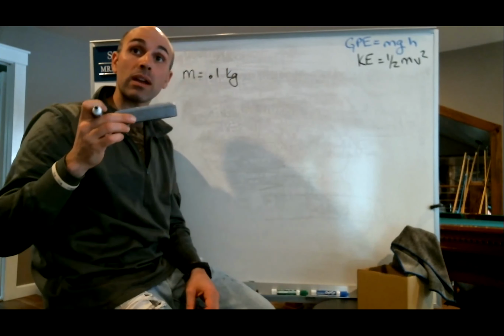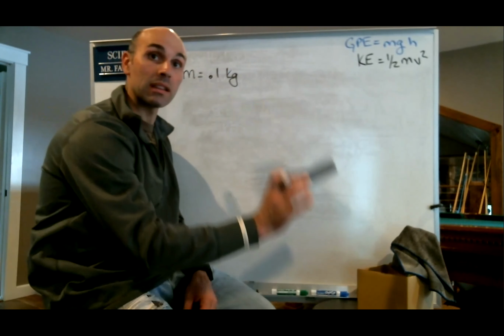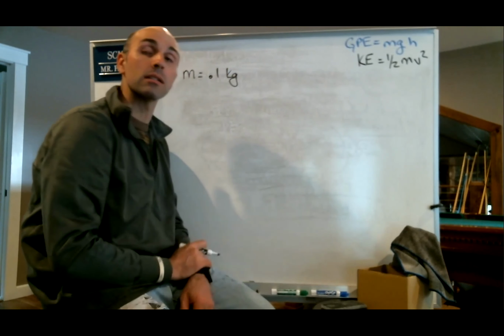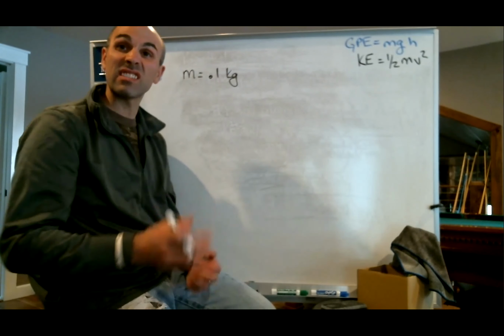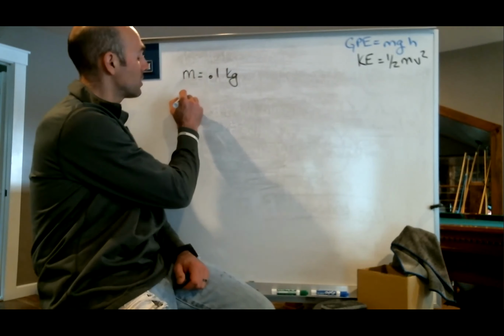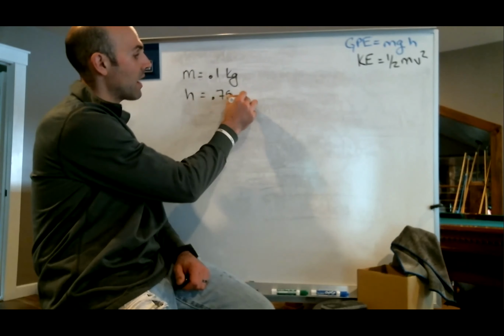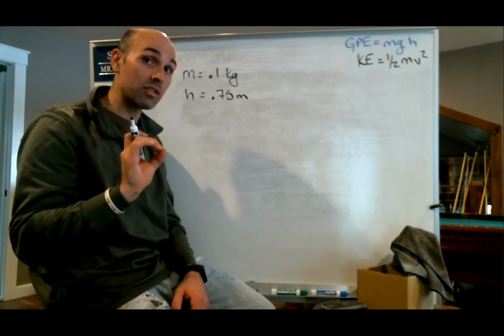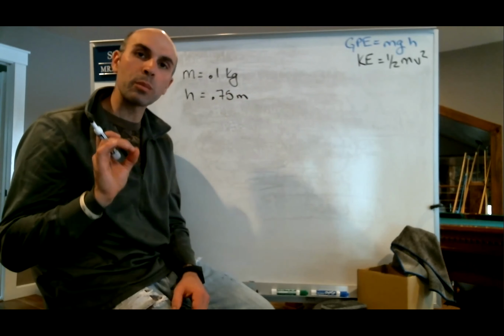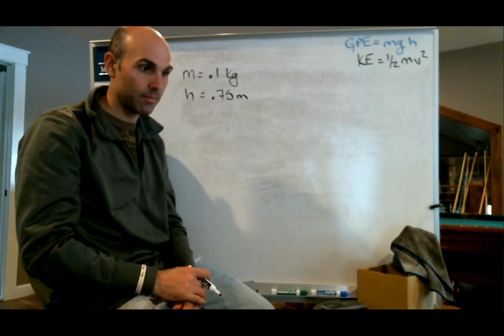Let's say I take that eraser from ground level and I place it on this chair right here. That is 0.75 meters up. So now it is at a height of 0.75 meters from its original height of 0 on the ground. Everything is proportional and relative to the ground.